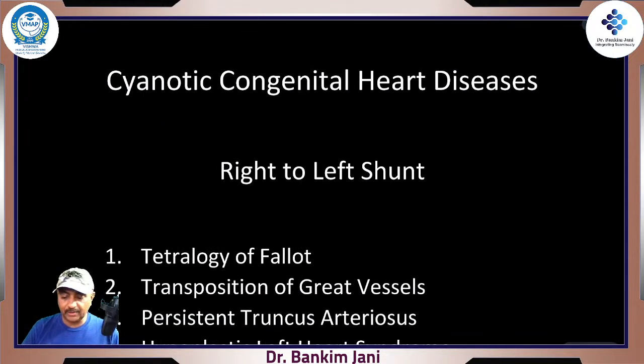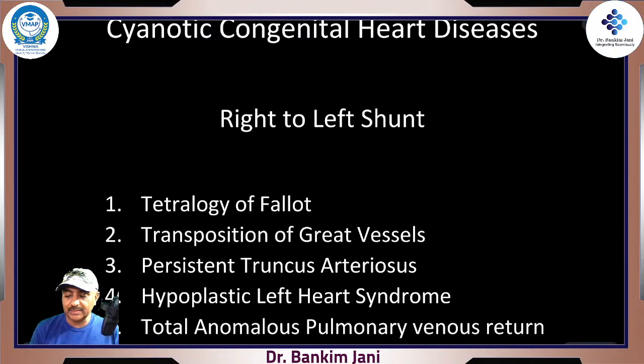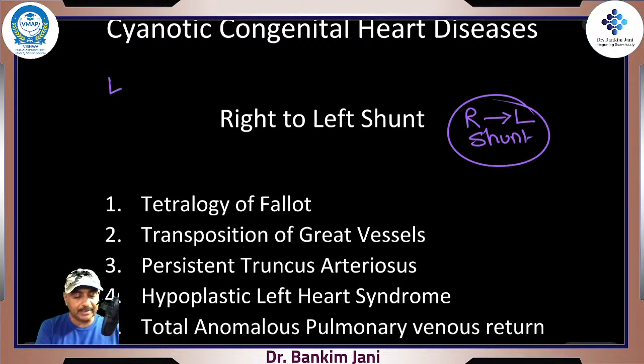Here it is cyanotic congenital heart disease, which is like a right to left shunt, right side to left side shunt. Previously it was a left to right shunt, right? On the left side there is high pressure, on the right side there is low pressure, and because there is, let's say, an atrial septal defect, the blood was flowing from high to low.